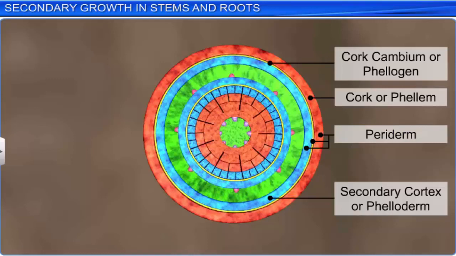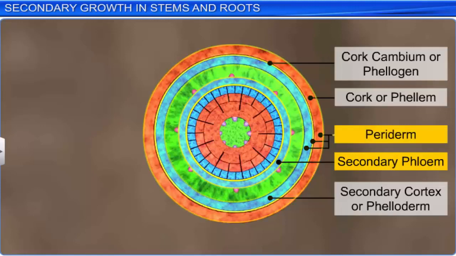Tissues outside the vascular cambium, which include the secondary phloem and periderm, are typically known as bark.